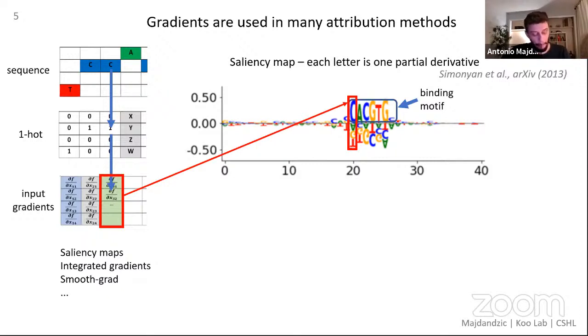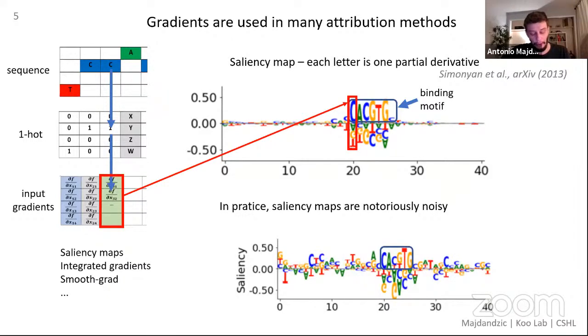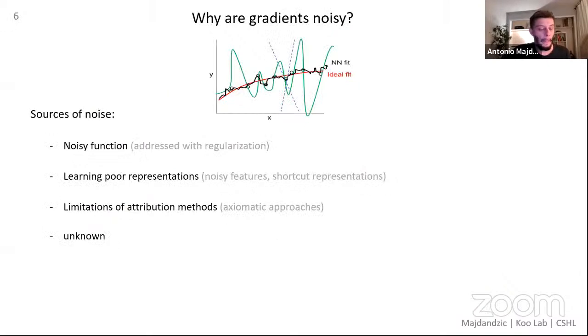However, gradient-based attribution maps are notoriously noisy. A realistic map often looks something like this at the bottom. So why are gradients noisy, and what can be the sources of this noise? Well, first, the function that is learned can be noisy. This is usually addressed by regularization methods such as network weights regularization, Jacobian regularization, adversarial training, randomized smoothing, attribution priors.